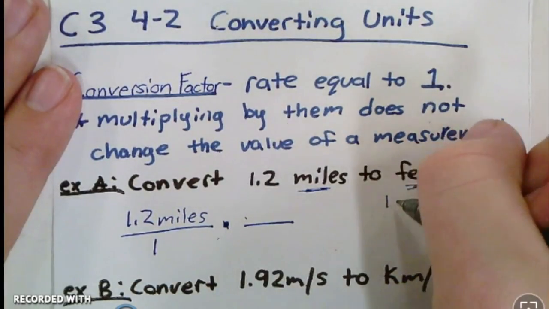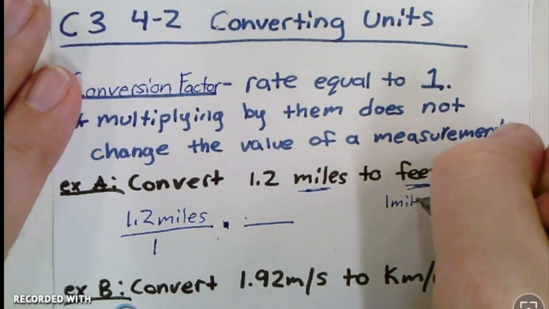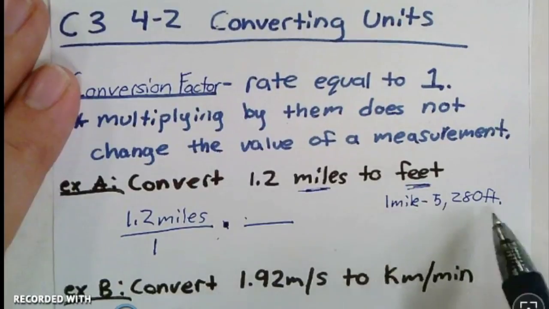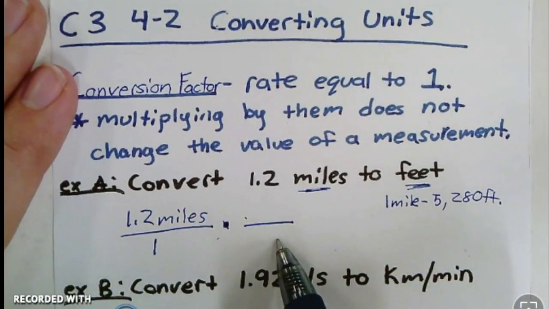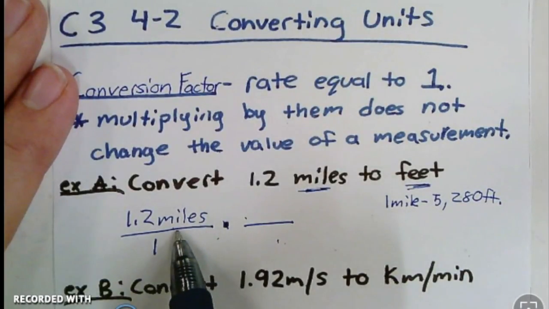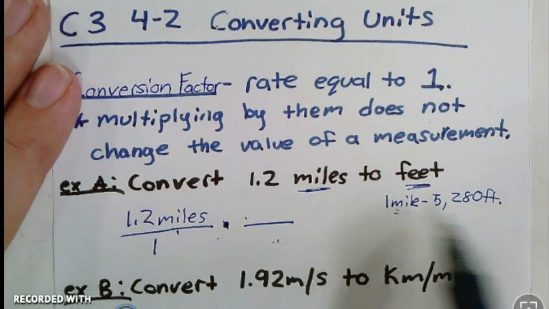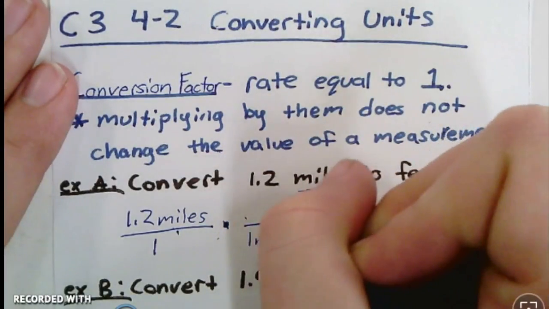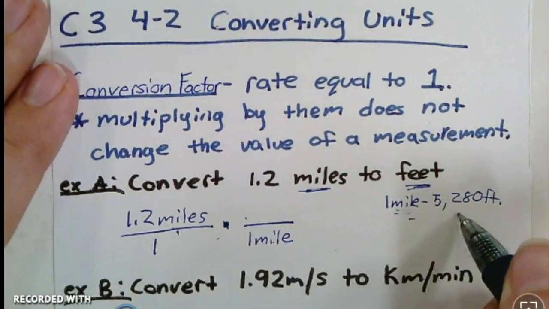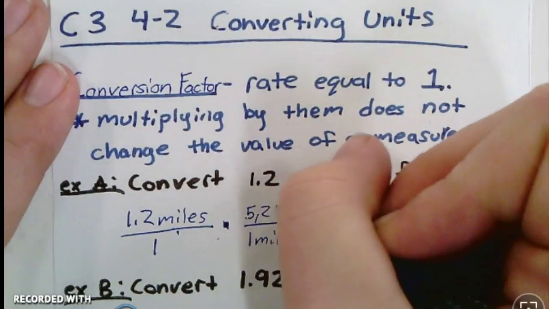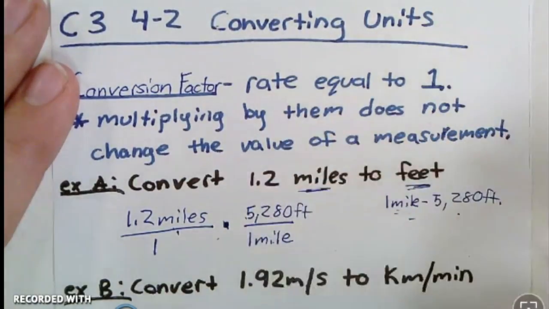So I found out that our conversion factor is 1 mile to 5,280 feet. Now I want to write these where the bottom has the same label as the numerator of my first fraction. So I'm going to put 1 mile down bottom, and I'm going to put the feet up top, 5,280 feet.